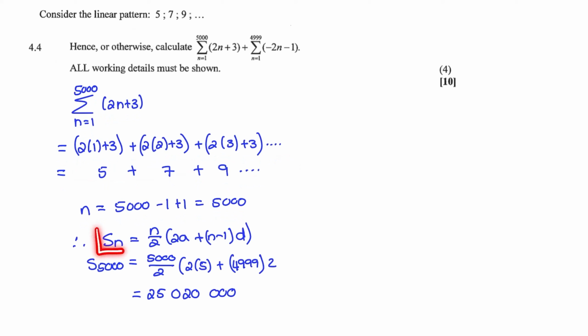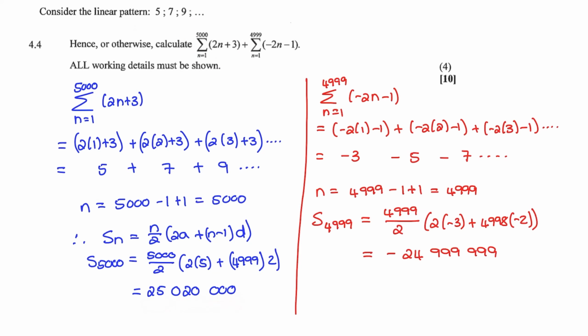So if I use the Sn formula for an arithmetic series, I substitute n with 5,000, a with 5, and d with 2. And when I simplify on my calculator, I find that the first sigma notation would be equal to 25,020,000.